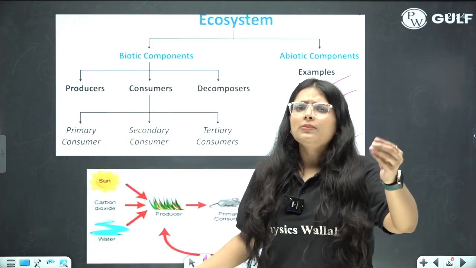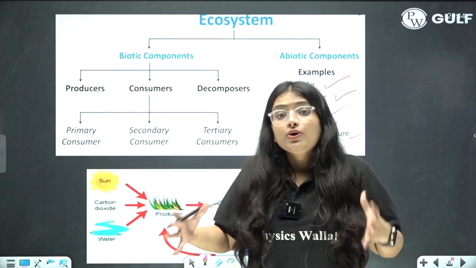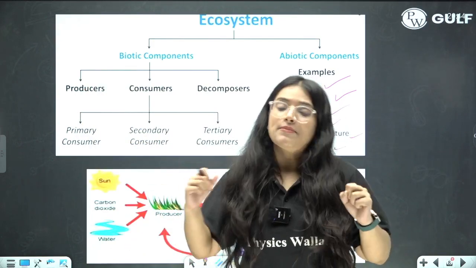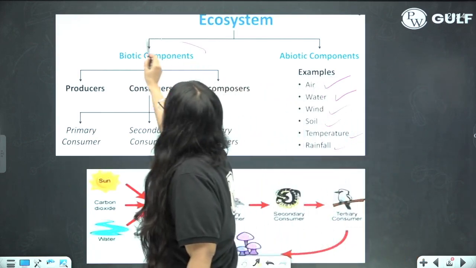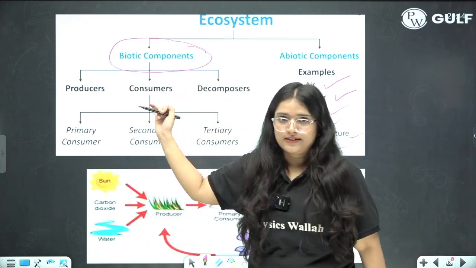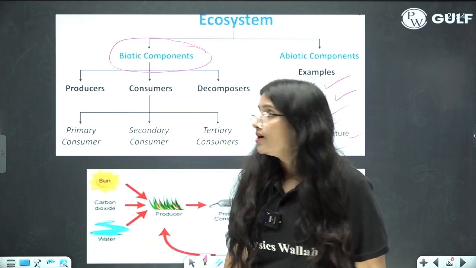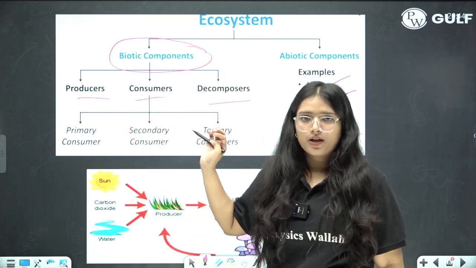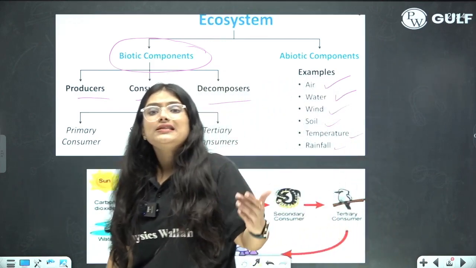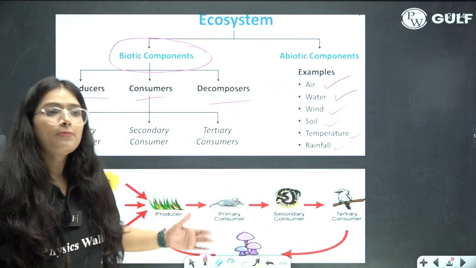We have generally talked about their examples, but do you know that we can categorize them as well? So basically in nature, there are three types of biotic components present. Those are producers, consumers and decomposers. Now, as the word sounds, producers, they are producing.